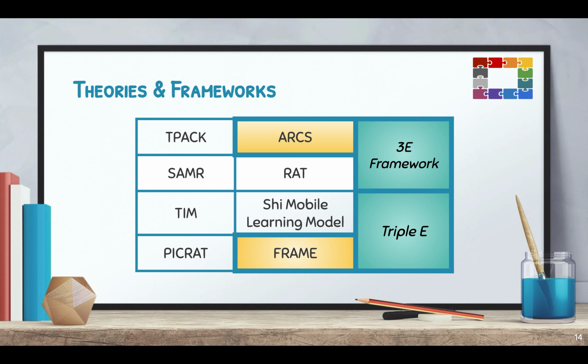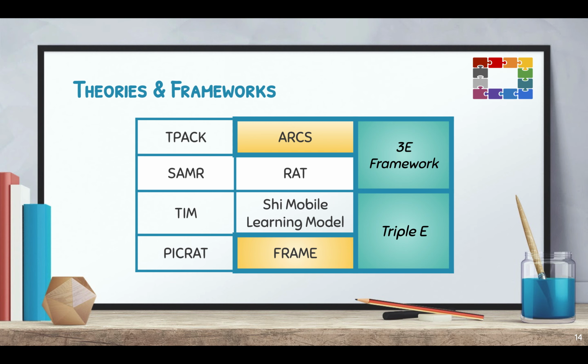I looked at TPACK, Keller's ARCS model of motivation, Puentedura's SAMR, Hughes's RAT model, the Florida Center for Instructional Technology's Technology Integration Matrix, the SHE Mobile Learning Model, as well as Kimmons' PICRAT Matrix, Kuhl's FRAME, Smith's 3E framework, and Kolb's Triple E framework.